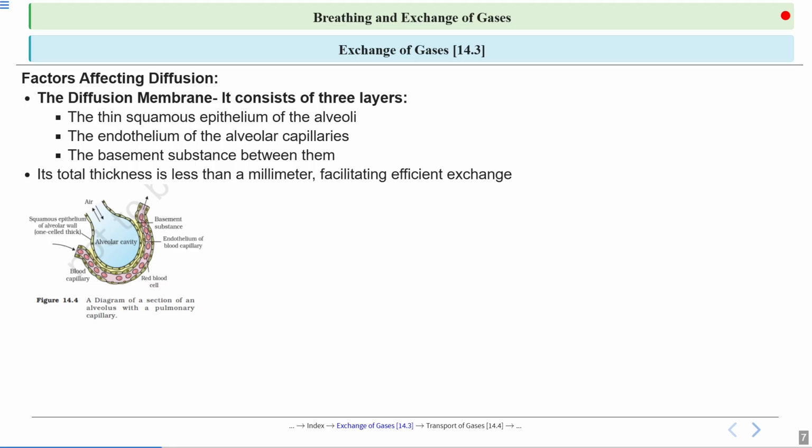So they are moist so that the gas exchange will be at a higher rate. And you all know that in the air there is a presence of water vapor. Water vapor is always there, so that makes the membrane moist.